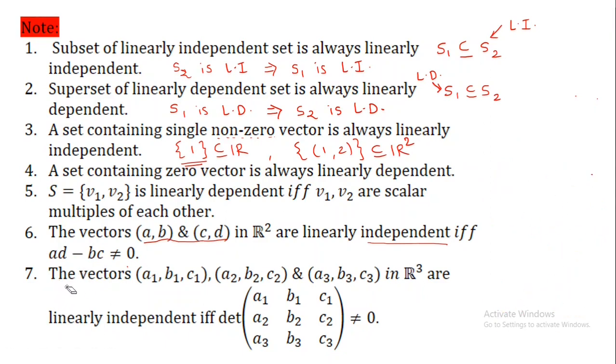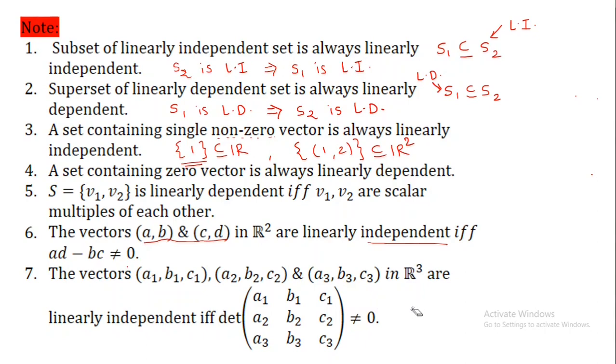Now note 7 is similar to note 6, the only change is that in note 7 we need 3 vectors in R3. Then we can use the concept of determinant. If you have 3 vectors in R3, then simplify the determinant, and if the determinant comes out to be non-zero, you can say that the 3 vectors are linearly independent, otherwise they will be dependent.